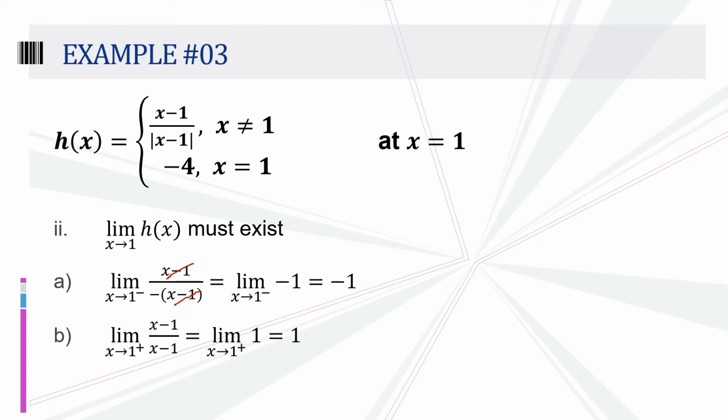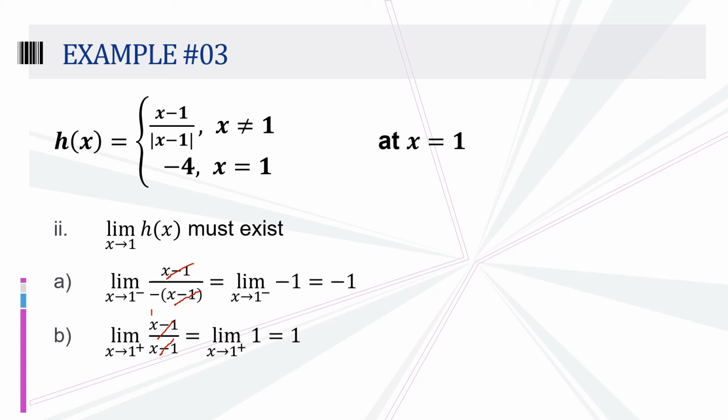On the other hand naman, yung limit ng x minus 1 over, syempre yung positive ang gagamitin, x minus 1, as x approaches 1 from the right is equal to the limit of, pwede nating tanggalin yan, i-cancel yan, that is just equal to 1. So, limit of 1 as x approaches 1 from the right, and the limit of that is 1. Okay?